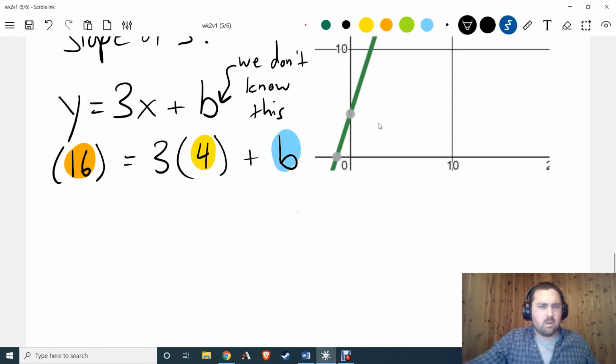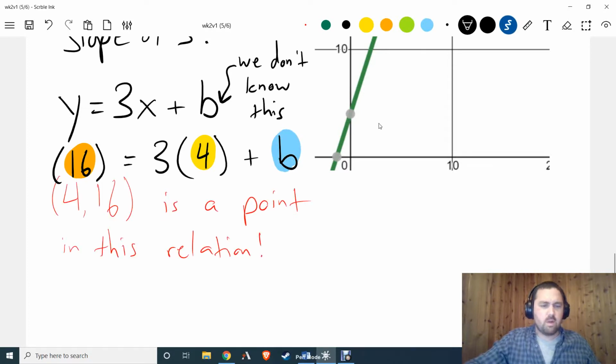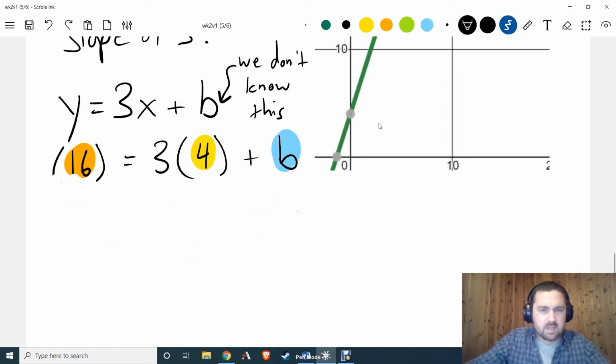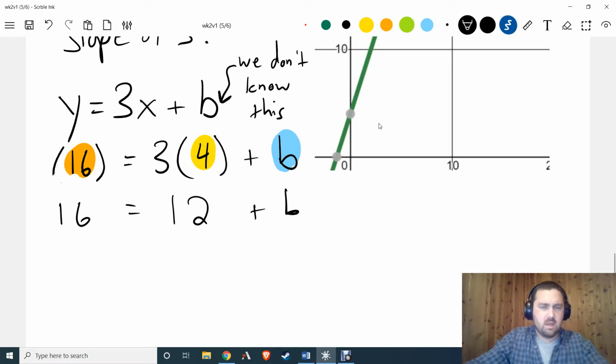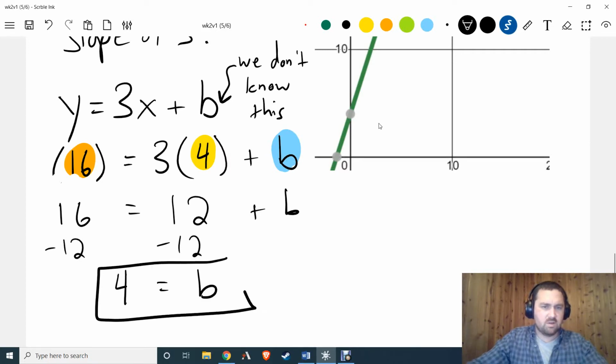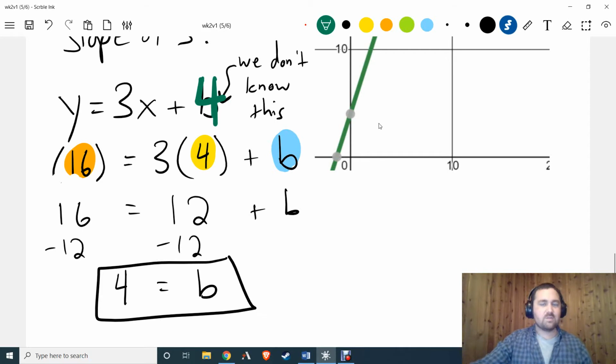So we do 3 times 4. 3 times 4 is 12. 16 equals 12 plus b. And then we can subtract 12 from both sides. And we end up getting 4 equals b. So it turns out that this b up here is actually a 4. That would be the equation for this relation.